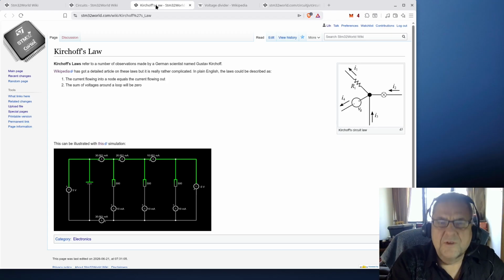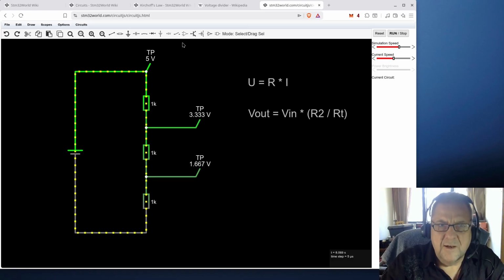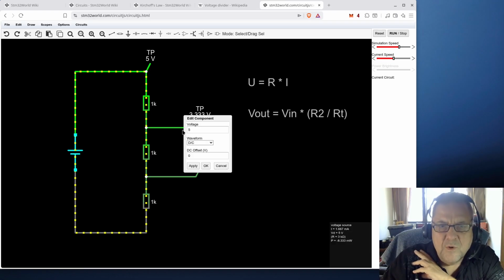Today we are going to apply that in reality and use those two, Kirchhoff's law and Ohm's law, to understand how a voltage divider works. In order to understand how a voltage divider works, I have drawn a very simple schematic here, which consists of a voltage source, and I'm using 12 volt here.